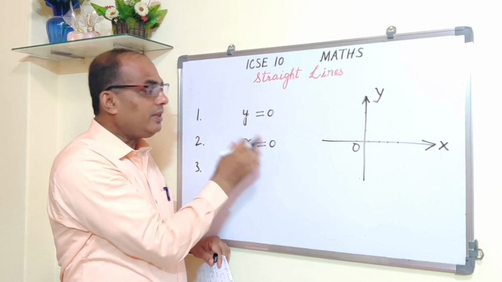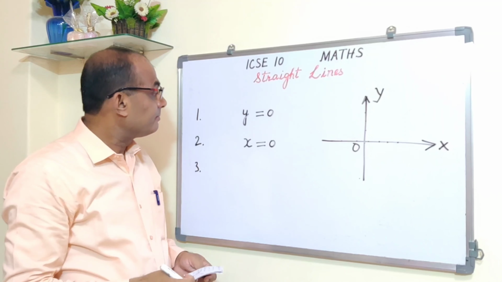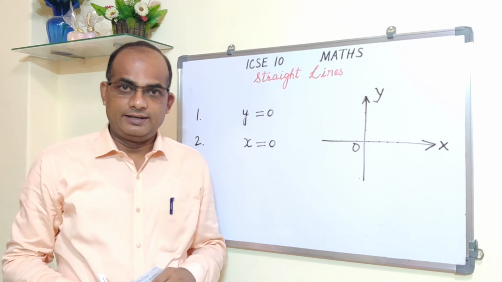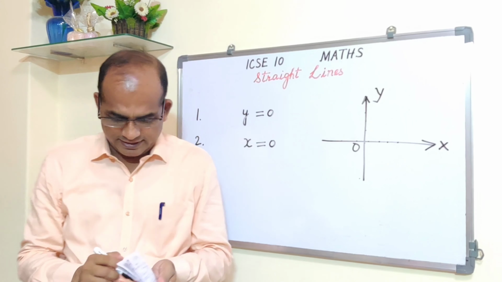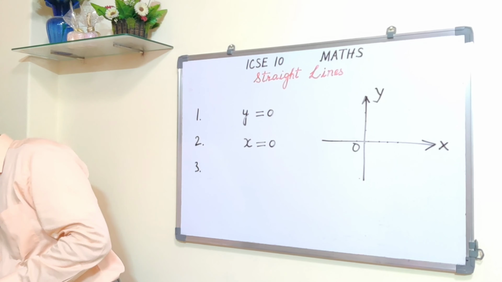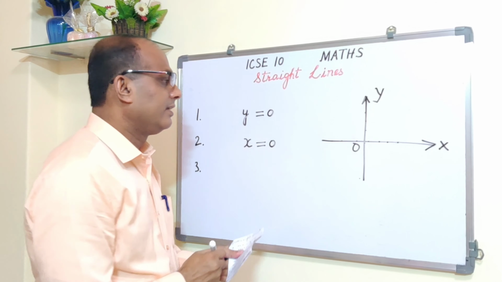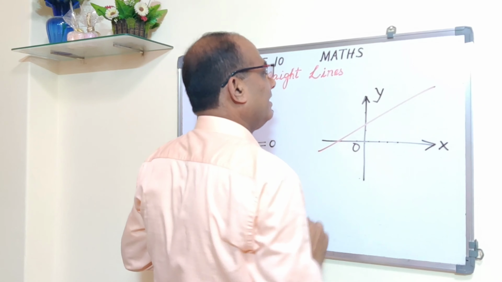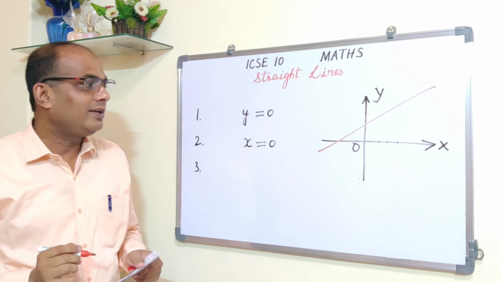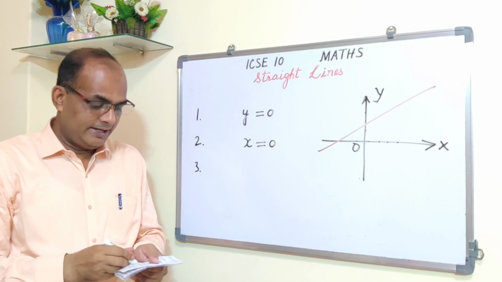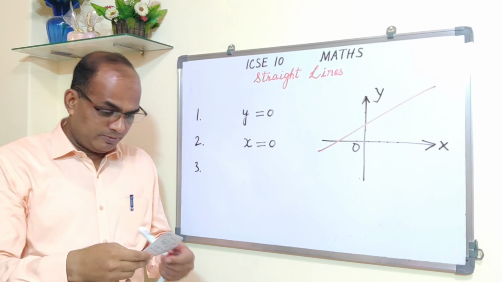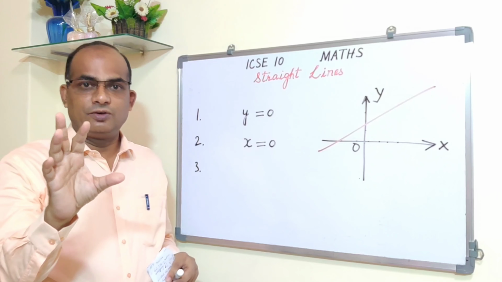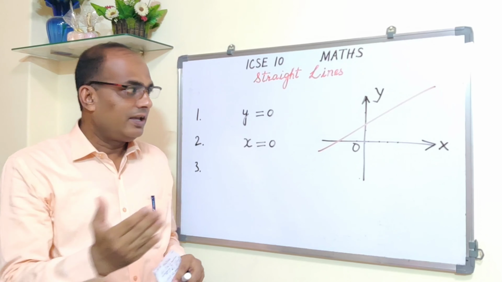Now third point is, what is the slope of a line? Any line. Suppose this is a line, in red. What is the slope of the line? Now, for the slope of the line, I'll be giving you three formulas in different situations.